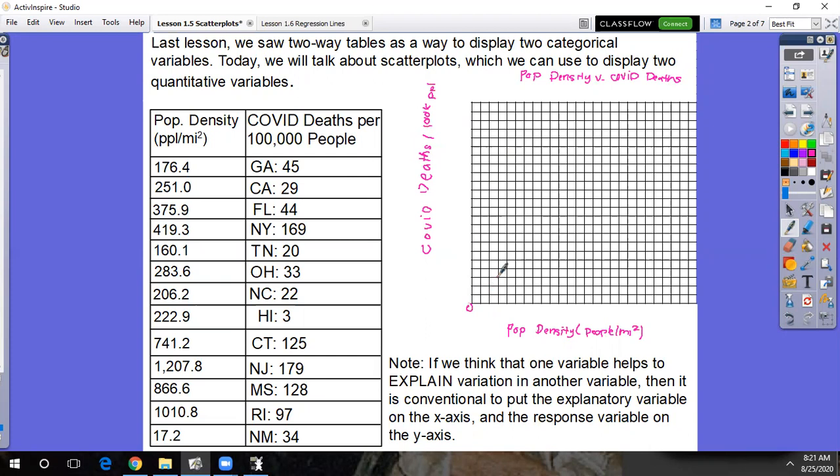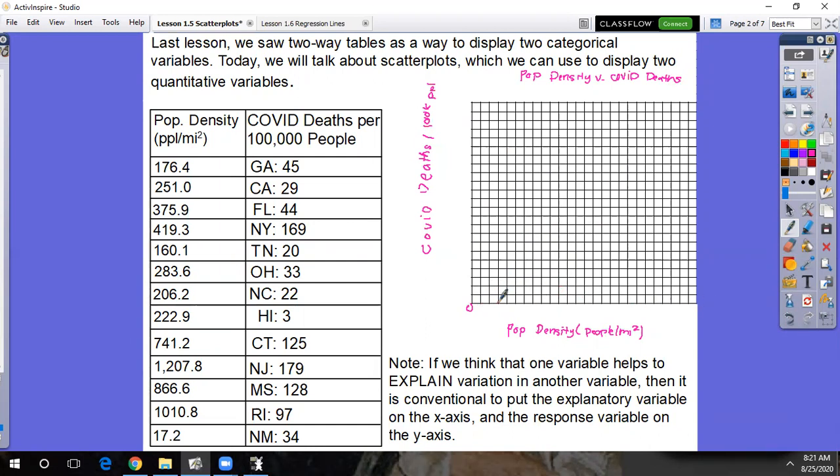One thing I want to keep in mind to make a nice looking scatter plot when I'm making one by hand is I want to try to fill this graph as much as possible. So first I want to look at the population density, people per square mile. I look over here for my maximum population density, and that's 1,207.8. So I'm going to come down here and count how many spots I have on the x-axis.